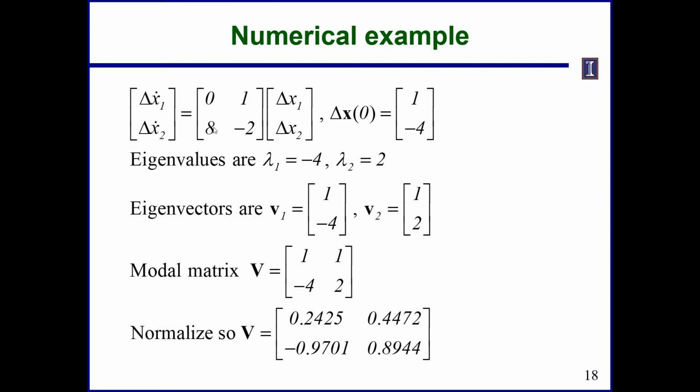So from this you cannot say how many percent of this will contribute to the oscillation and so on, because you have a coupling between the states. So now we have to find a way to introduce a new set of states so that only that state affects itself and not the other.